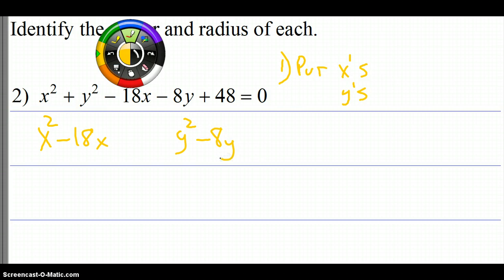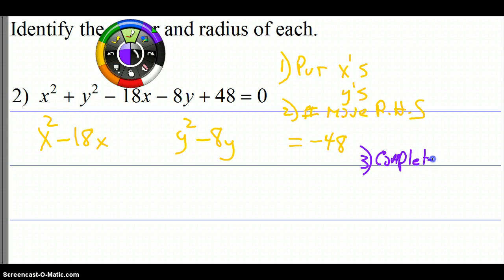Whatever your constant is, your number, move to the right-hand side. And so if it's a positive 48, when I move it to the right-hand side, it should be a negative 48.